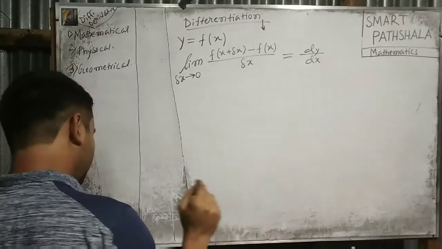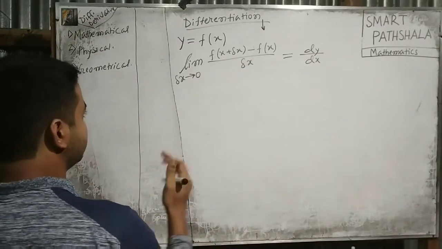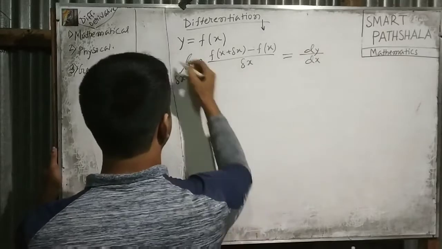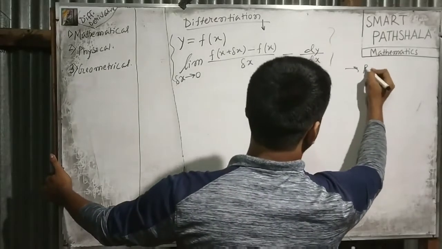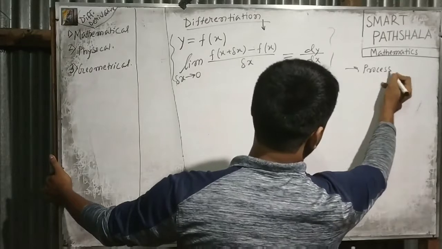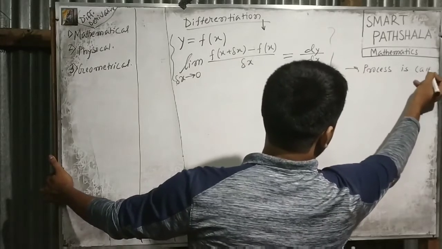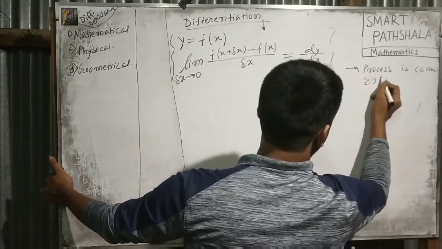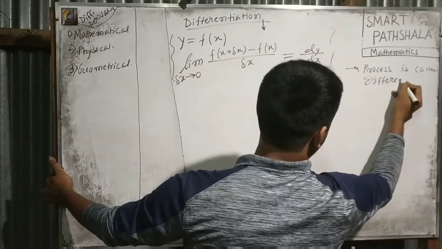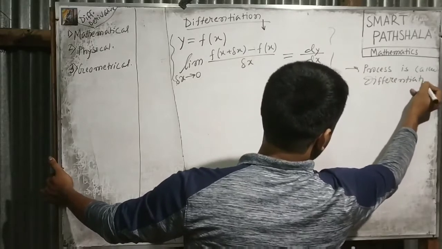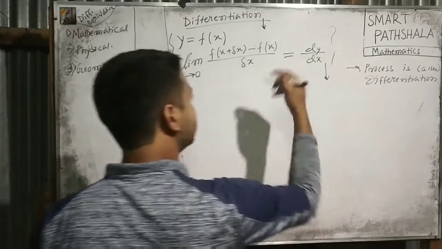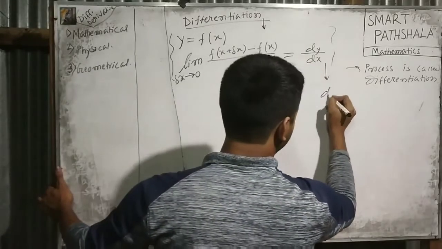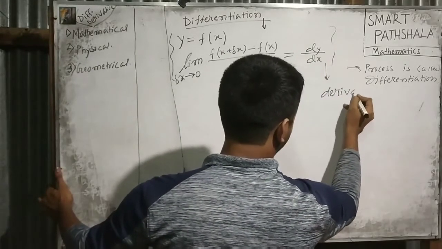Now it is also written, this process by which I get this thing is called differentiation. And the result I get after this differentiation process is called derivative.